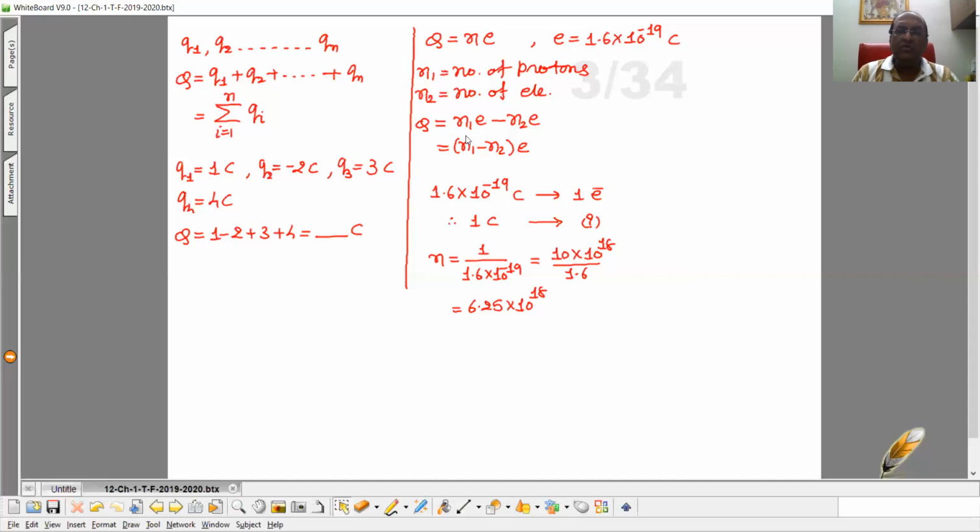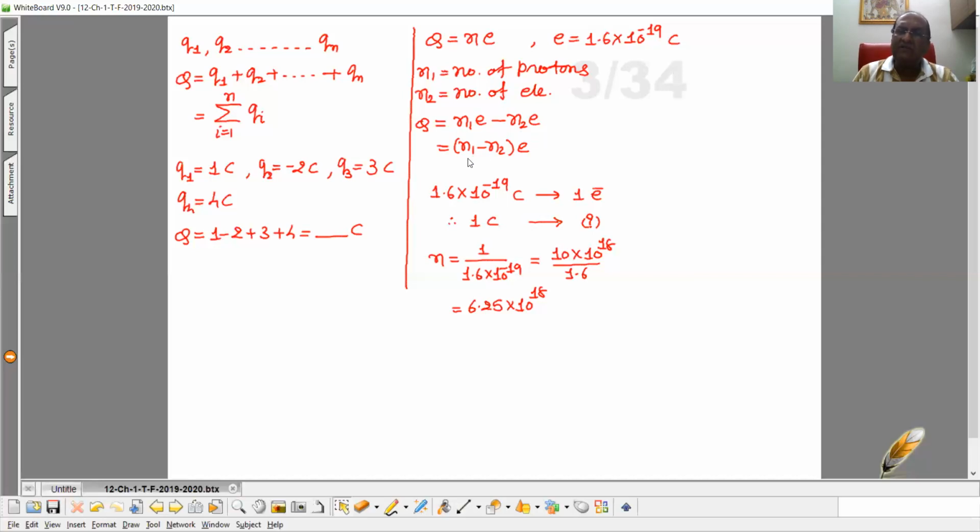So the total positive charge will be n1e and the total negative charge will be minus n2e. Taking the algebraic summation, the net charge will be n1e minus n2e. Taking e common, we get (n1 minus n2) into e.